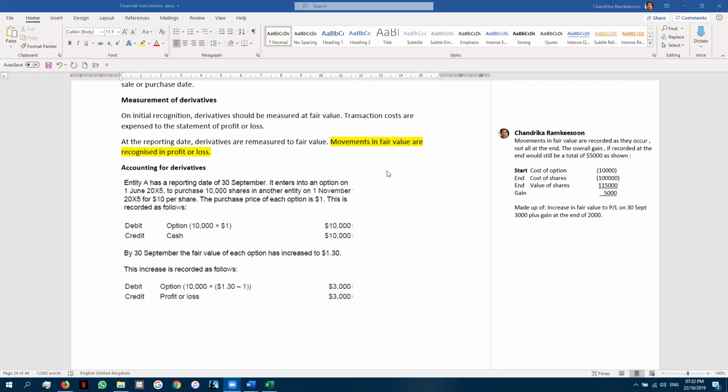The purchase price of each option is $1. This is recorded as follows. Now, as I told you, as we go on, I'll give you a brief explanation, so hopefully this will enable you to understand the transaction better.